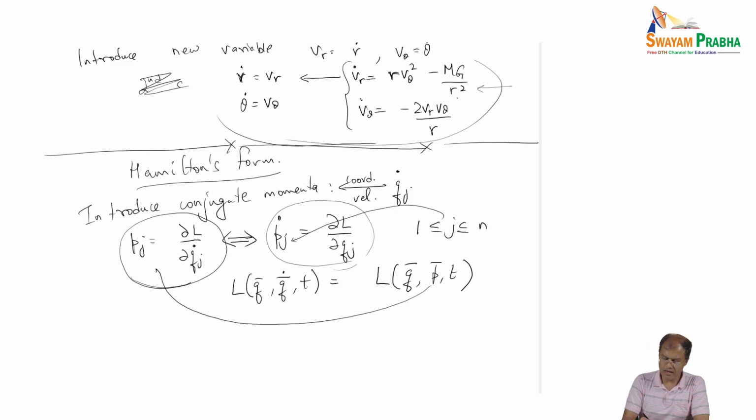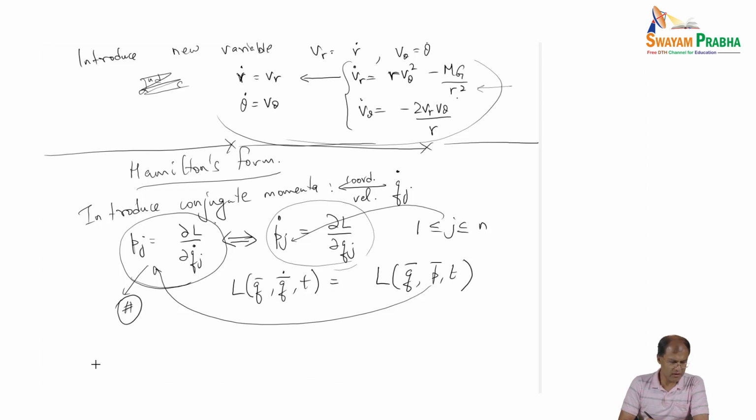So this p is defined from the Lagrangian in terms of q dot as follows, as this quantity, right?